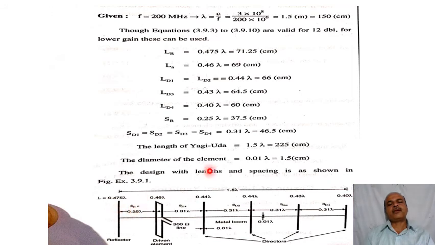If we mention all these lengths of directors, reflector, and spacing between them, then the design of the 6-element array antenna becomes like this. So this is the design of a 6-element Yagi-Uda antenna array. Any problem you can solve. Only the frequency will change, 100 megahertz or 300 megahertz. According to that, all these values will change, and you can solve the problem easily in the exam.